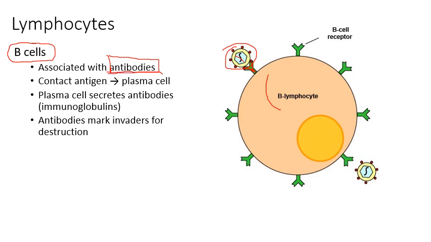You've probably heard in the news about the antibody test, the serological test. That is because these antibodies aren't produced unless a certain pathogen is seen by the B lymphocyte.